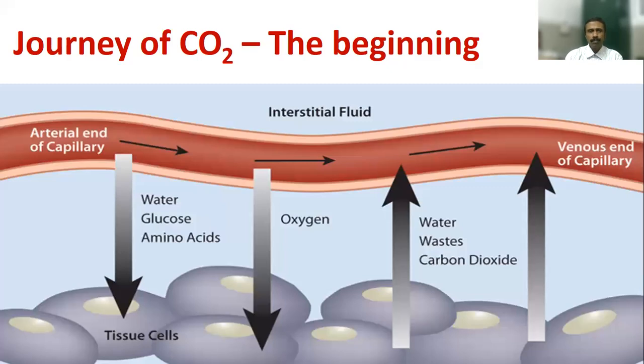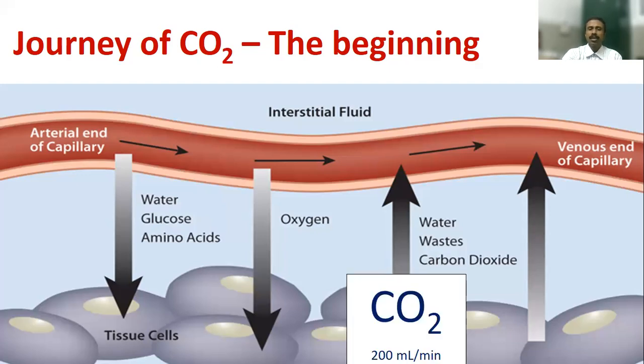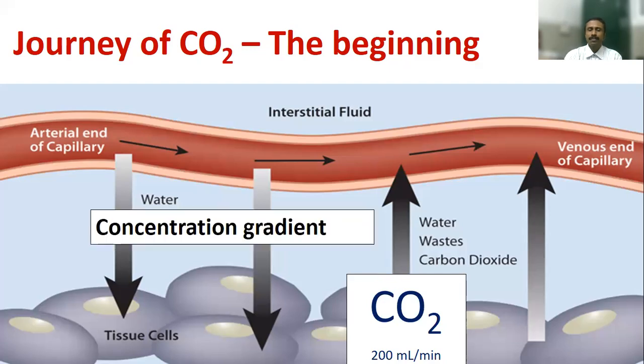As we all know, carbon dioxide is produced in almost all the cells of the body as an end product of metabolism. And in the tissues, as the carbon dioxide concentration builds up, it just moves out of the tissues into the capillaries which are perfusing the tissues along the concentration gradient.